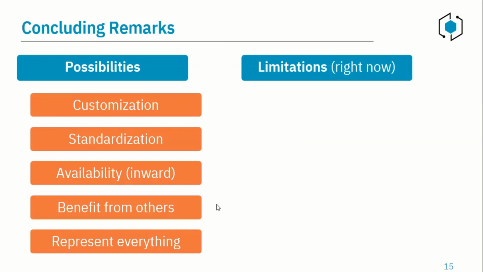You can benefit from others, so if another university, institute, or working group already designed a generic element or segment that fits your needs, or nearly fits your needs, you can just copy their JSON file and then edit the already existing generic elements to your specific needs. And with this, in the end, you can represent everything you like to represent in an ELN.